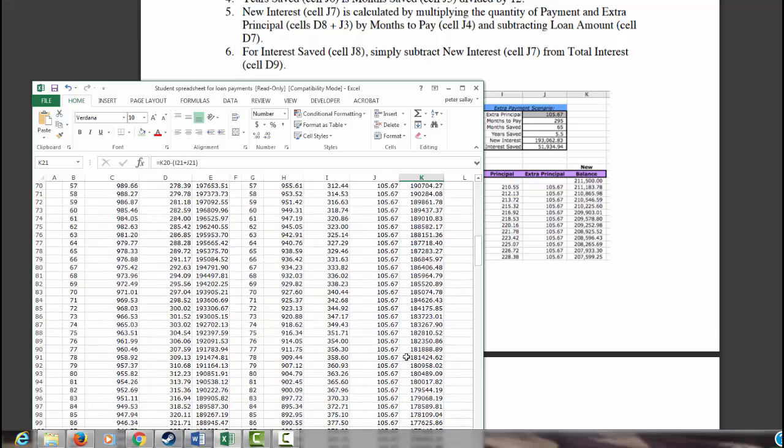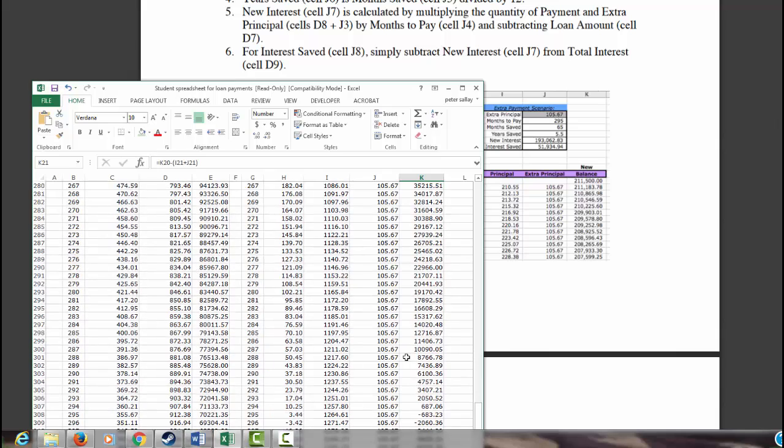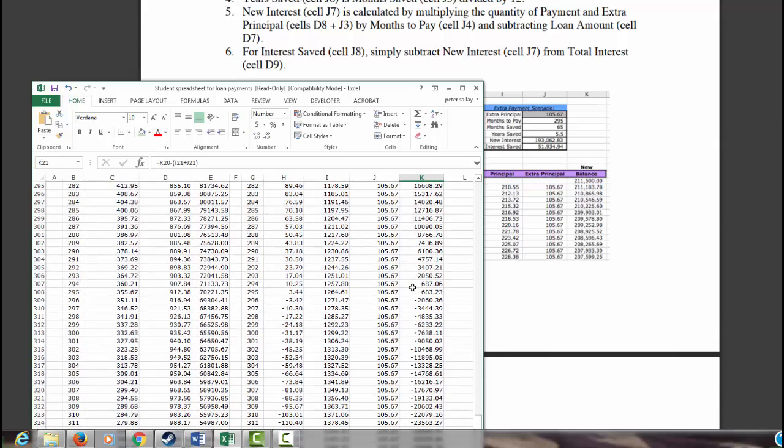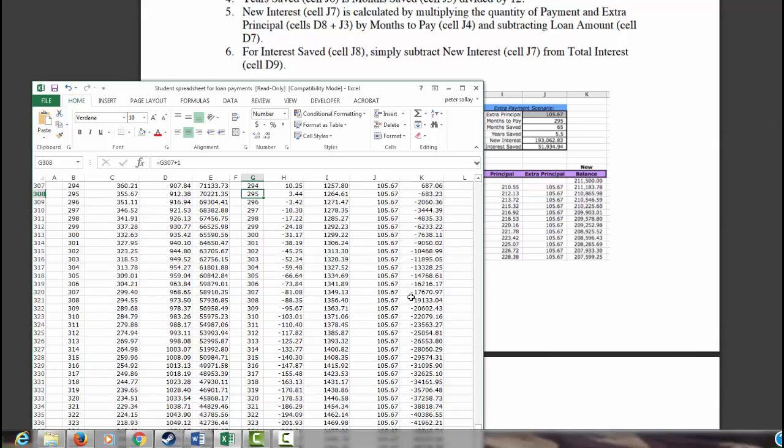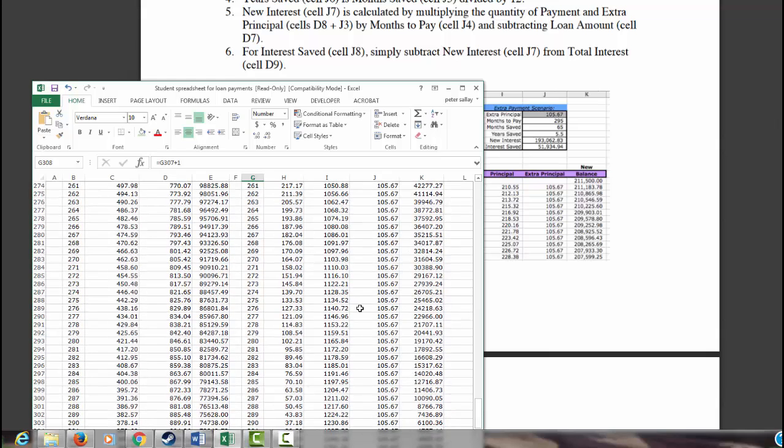And so what you can do is you can see, as we scroll down here, that it's faster. Right here, it took 295 payments to get it to be fully paid off. So between 294 and 295, we obviously pay the whole thing off. So you can see that that extra $100 is nice.